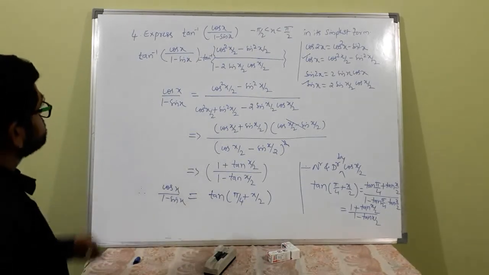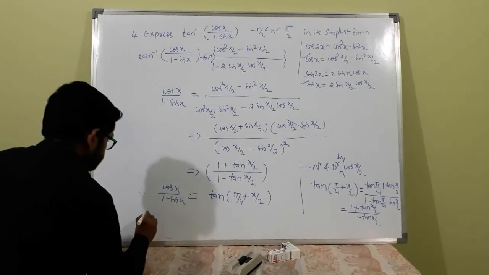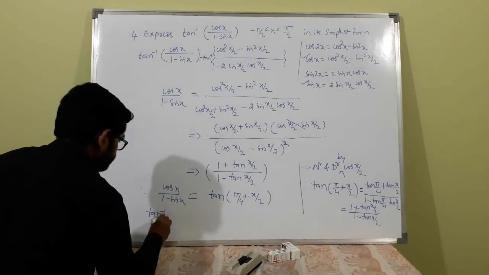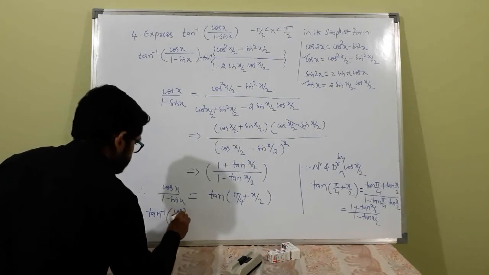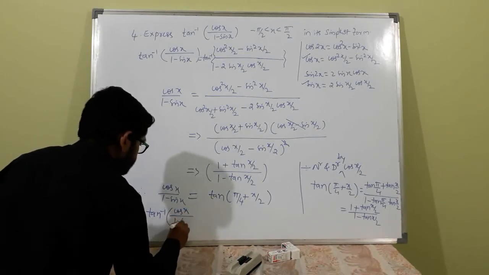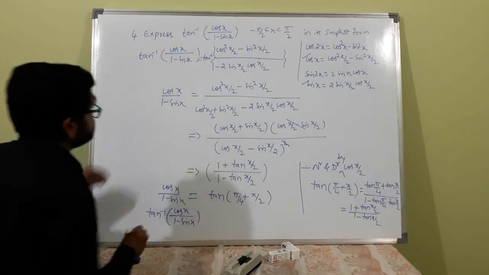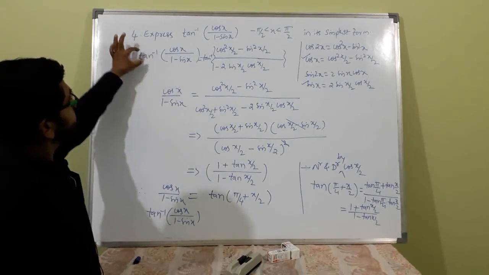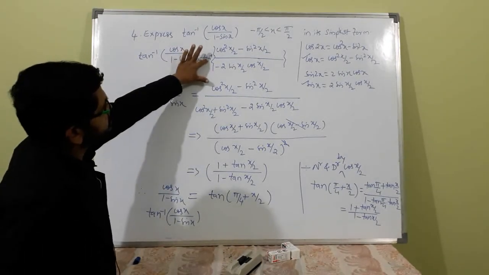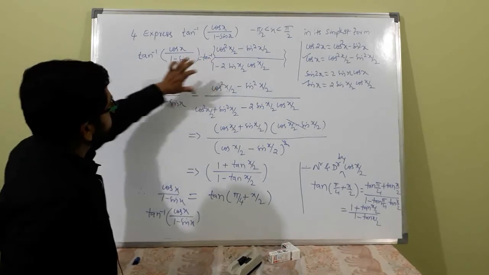So tan inverse of this, tan inverse of cos x by 1 minus sin x. Make a note here, we neglected to write it in the first step.